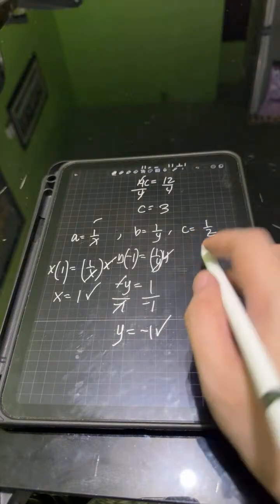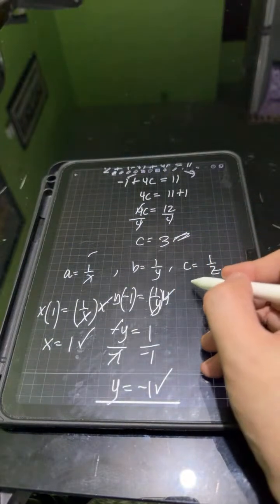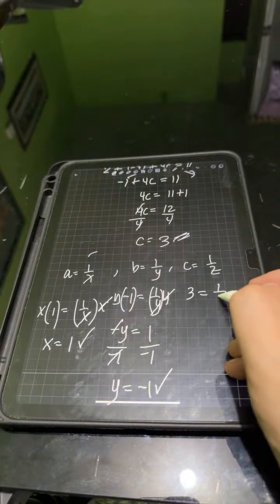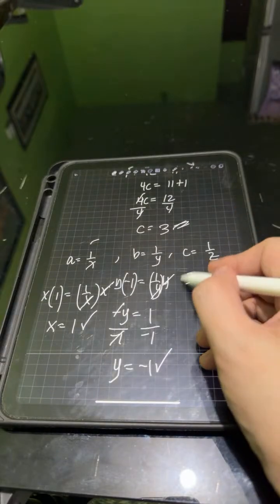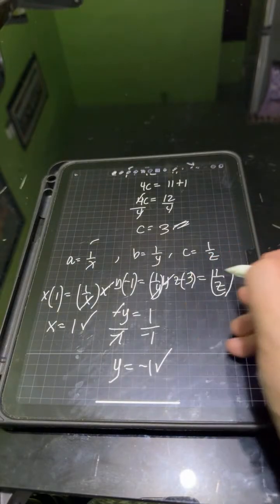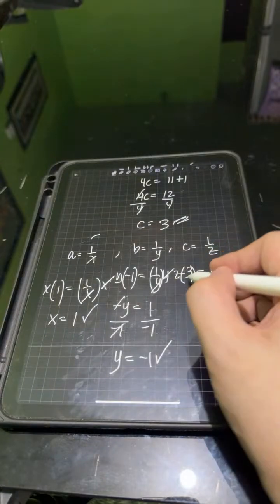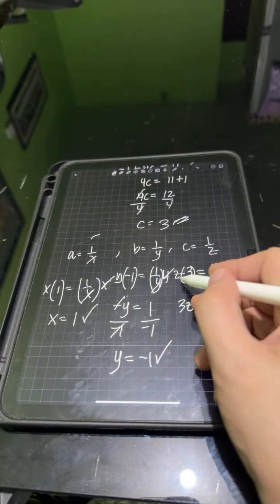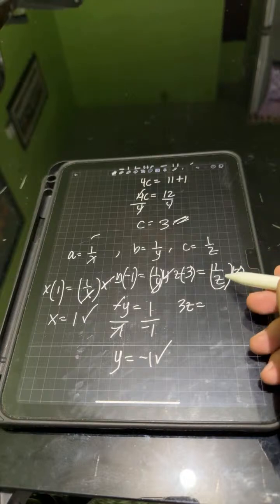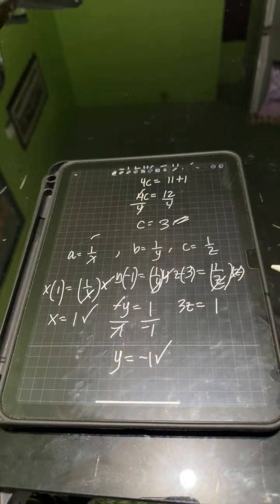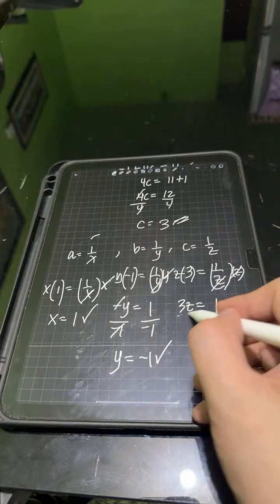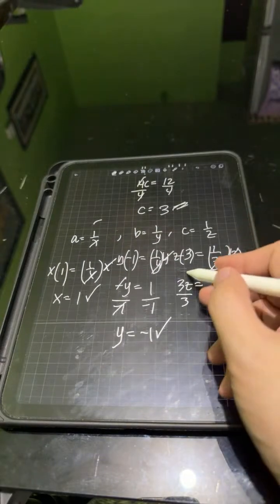Then lastly, for c, substitute the value. We got 3 equal to 1 over z. So multiply both sides by z. So z times 3 or 3z is equal to 1 over z times z. Cancelling out the z, we have 1. Then solve by dividing both sides by 3.